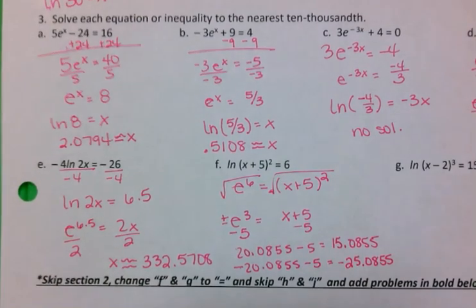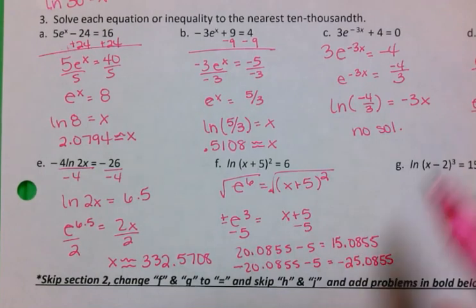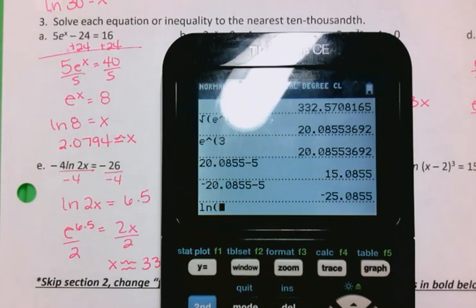I'm sorry. So if you plug both those in, they would work because you square them. So to double check, take the negative, square it.